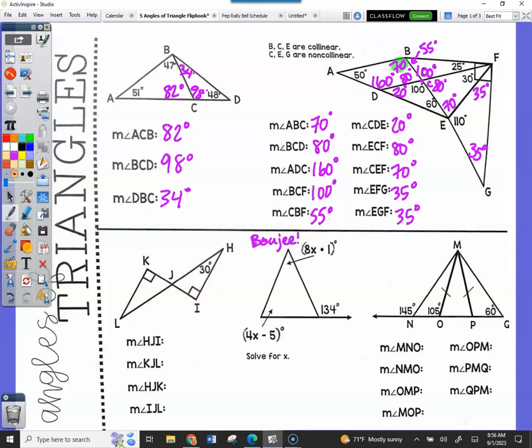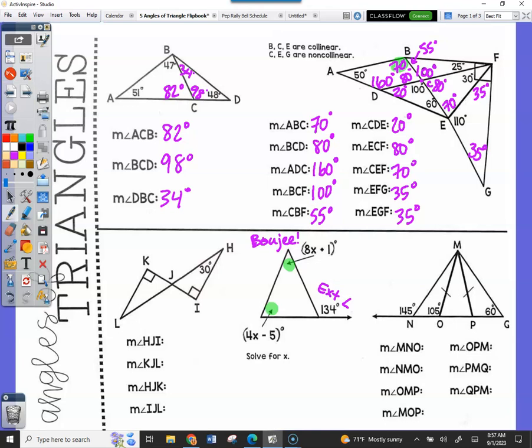Which means the two angles that are not touching the exterior angle. This is the exterior angle right here. This is on the outside. It's like where they were drawing the triangle, and instead of stopping the drawing at the triangle, they just kept going. So you have this exterior angle out there.